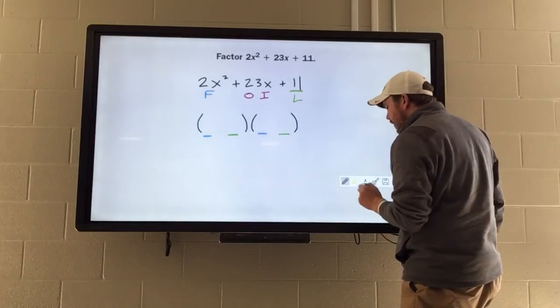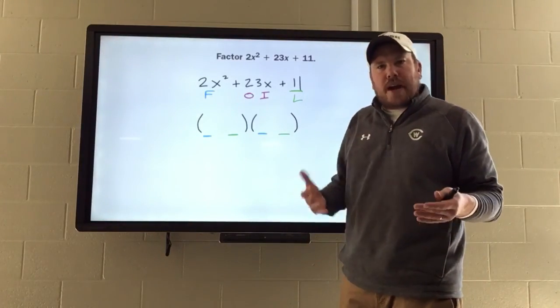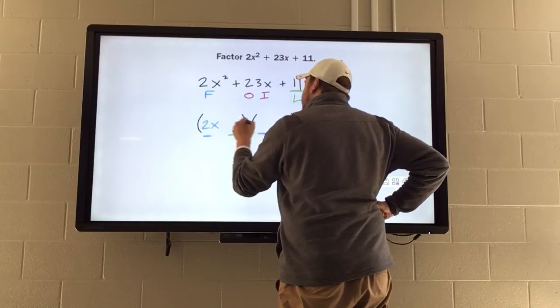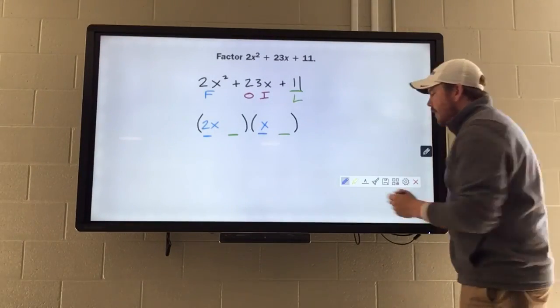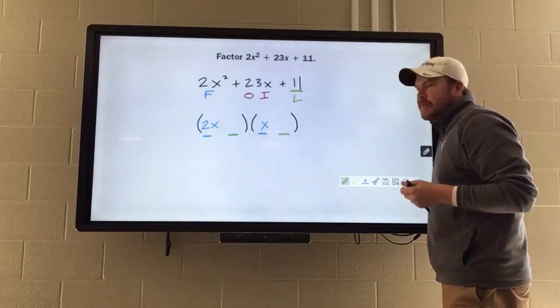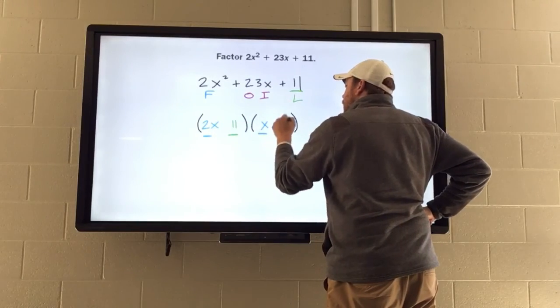Let's do that. So first, in order to get 2x squared, there's only one way I can multiply numbers, and that's 2x times x. Then for the green part, there's only one way to multiply to get 11: 1 times 11. Now, I can put the 11 here and the 1 here.